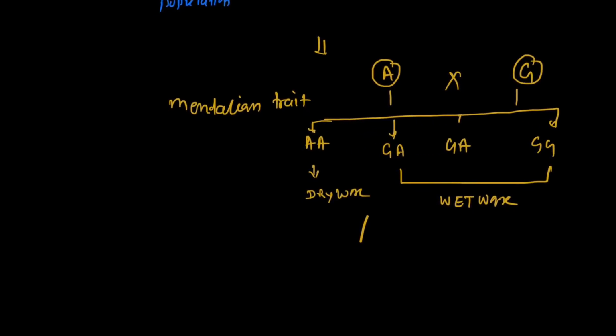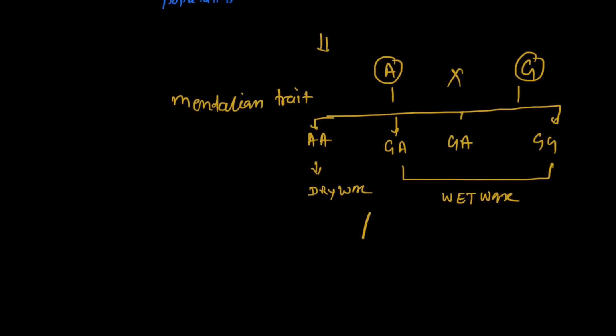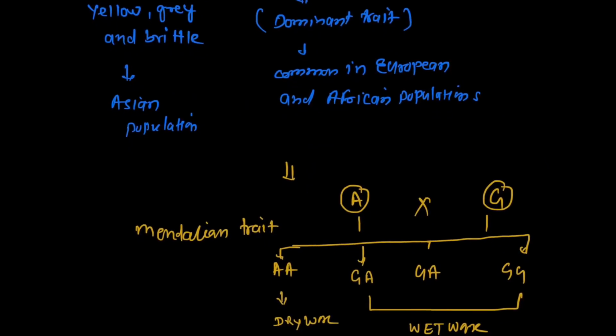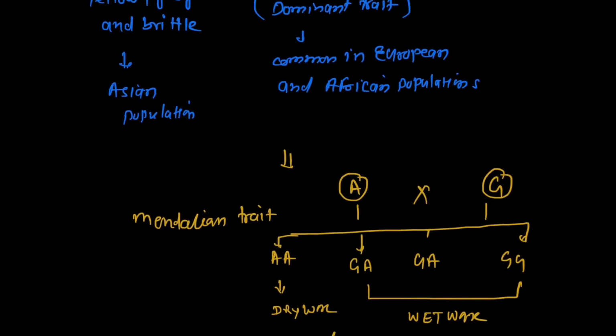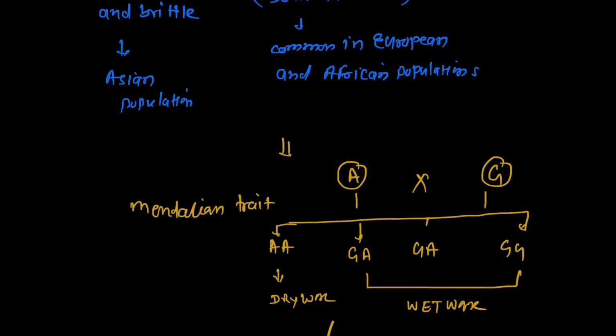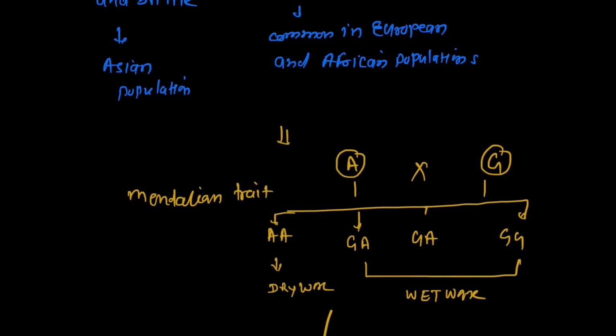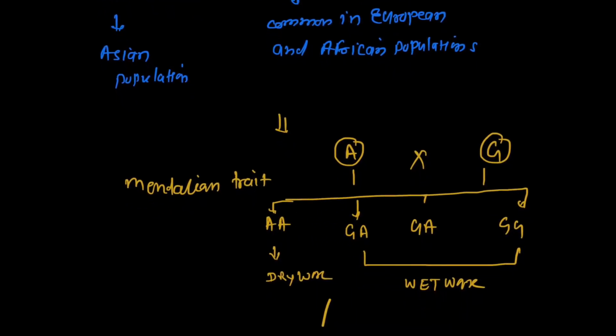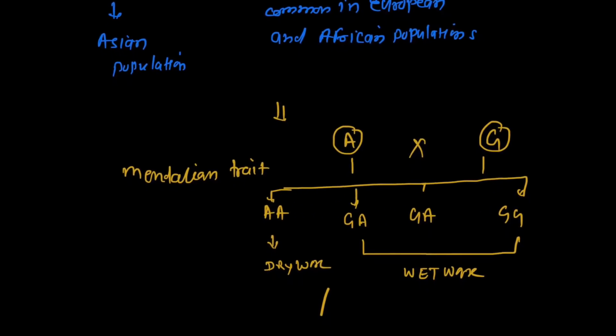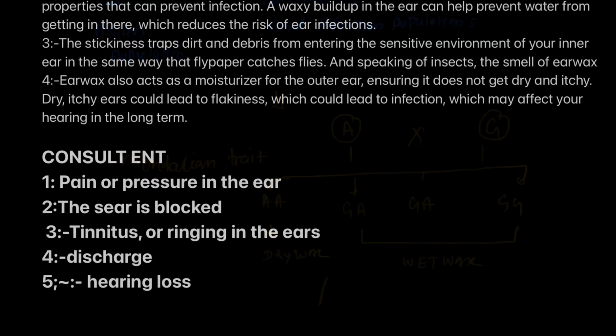Because wet wax is dominant, G is wet wax. So the dominant trait is wet wax, and it shows the representation of the ABCC11 gene, which decides the type of wax.